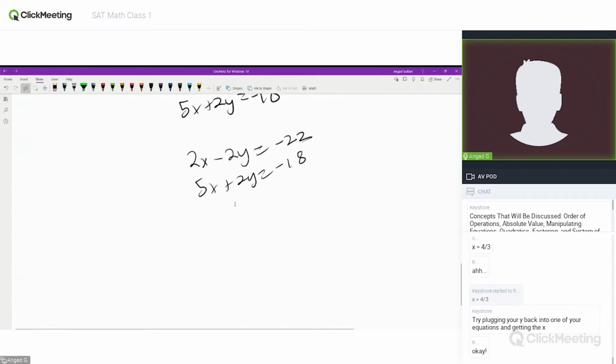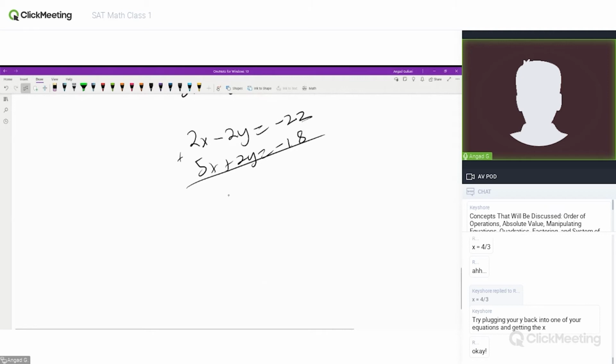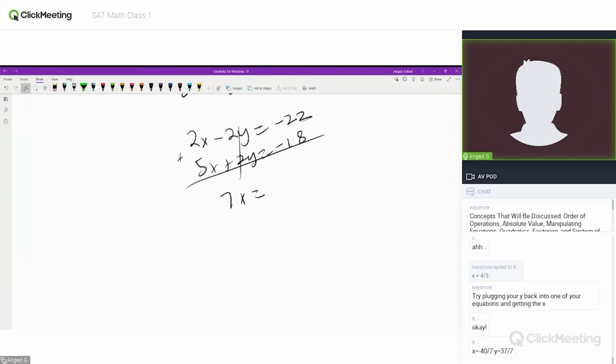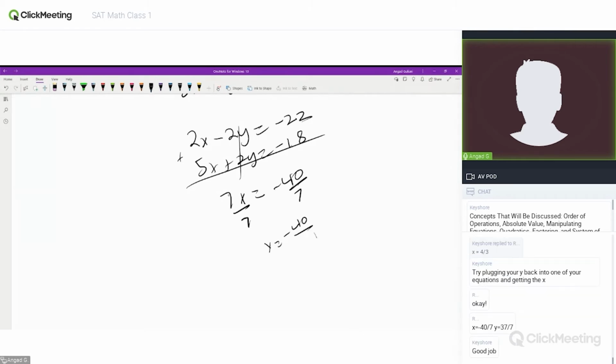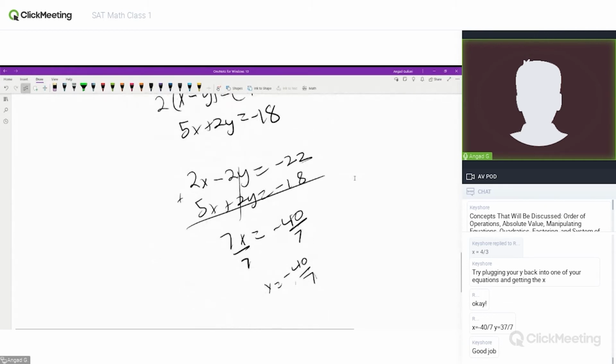I can add these together. We get 7x is equal to negative 40. To isolate the x, we're just going to divide by 7. x is equal to negative 40 over 7. Now, to find the y, we're going to plug that back into one of these equations. Let's plug it into x minus y is equal to negative 11. Negative 40 over 7 minus y is equal to negative 11. Add 40 over 7.